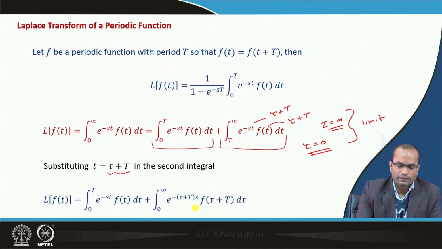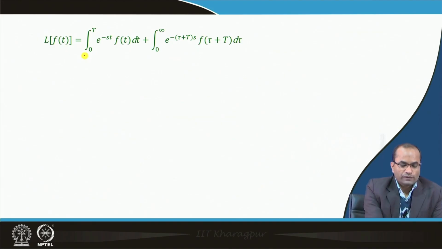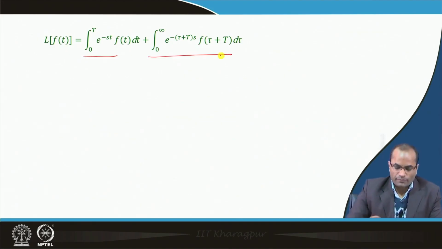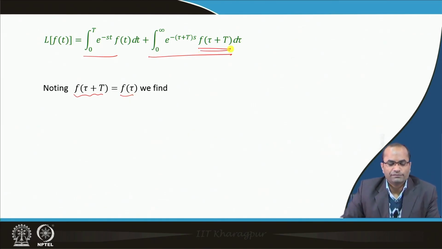So, what we will get now, the limits will be again 0 to infinity, and e power minus s times tau plus T, and f of tau plus T and d tau. So, we have this integral now, and we can use this property of the periodic function, which says that f(tau plus capital T) is f(tau). So, this can be replaced with f(tau).